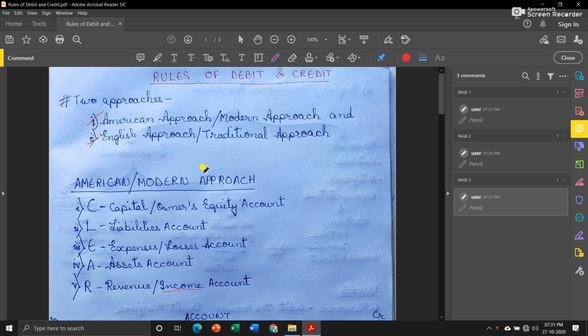Hope you understood these rules, and if there is any confusion then you can contact me, but it will be very good for you to understand these rules and learn them by heart, because unless you are clear with these rules you won't be able to prepare your financial accounts.